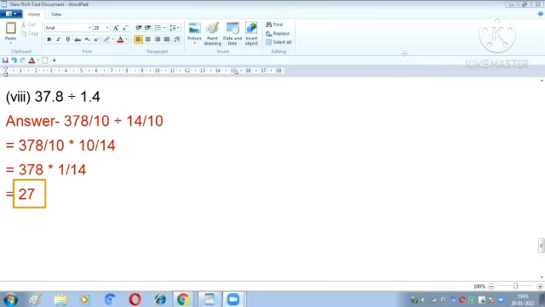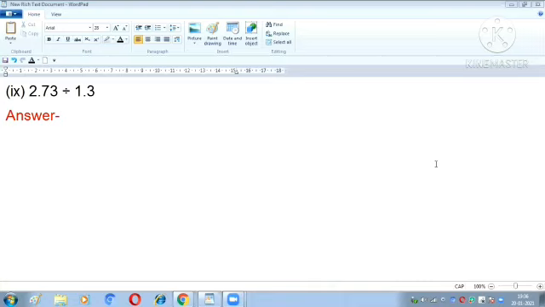So friends, let's proceed to ninth bit. Ninth bit is 2.73 divided by 1.3. So first we'll write 273 upon 100 divided by 13 upon 10.